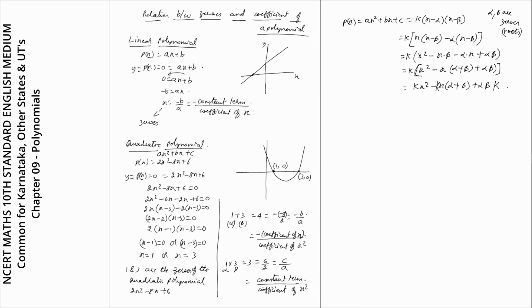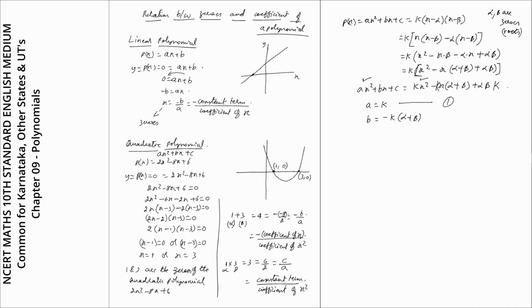Now if I compare the coefficient of the x square term, the x term and the constant: in the left hand side ax square is there, and in the right hand side kx square is there. Therefore a is equal to k. Similarly, comparing the coefficient of the x term, I get b is equal to minus k into alpha plus beta.